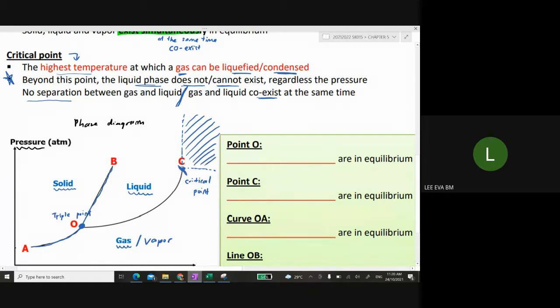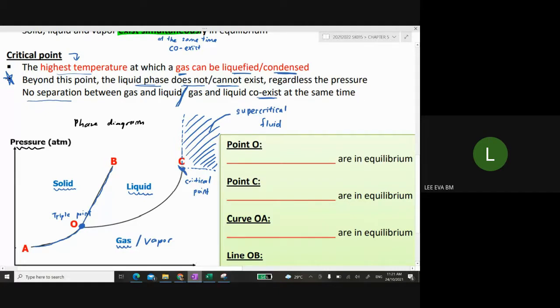So beyond this point C, there's no separation. Like we just now said, no separation, or both gas and liquid, they coexist at the same time. And we can call this area a supercritical fluid. Maksudnya awak tak dapat nak bezakan antara liquid dengan gas phase.